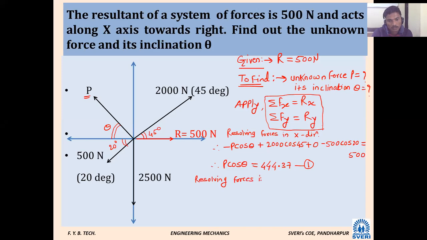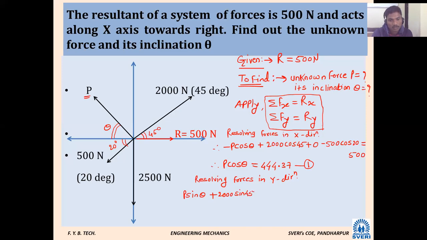Resolving forces in the y direction. Which force have we considered as our unknown P? So it will be P sin theta. For this 2000 Newton force, what will be its y component? Plus. 2000 sin 45.